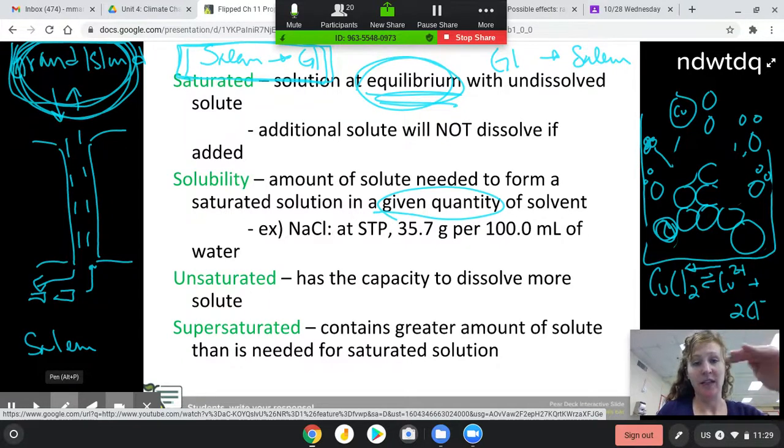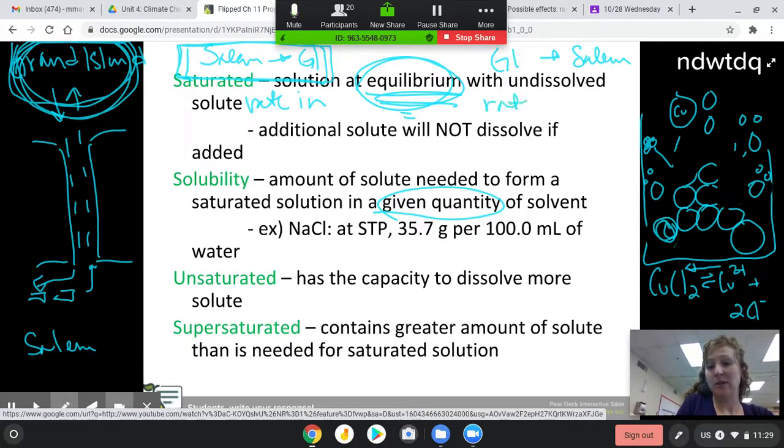Well, eventually cars also start leaving. And then we get this place where the rate in is equal to the rate out. So we get this stabilized population. That is equilibrium. The forward rate is equal to the reverse rate, and that is equilibrium.